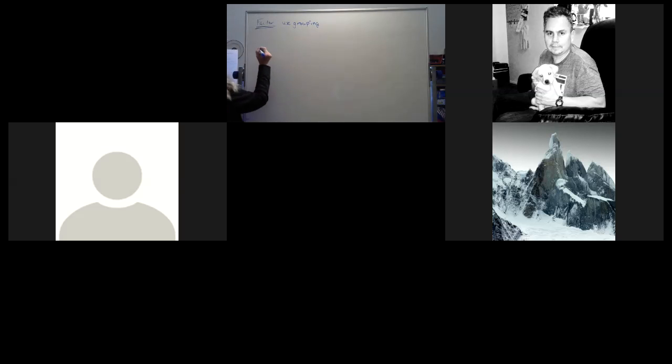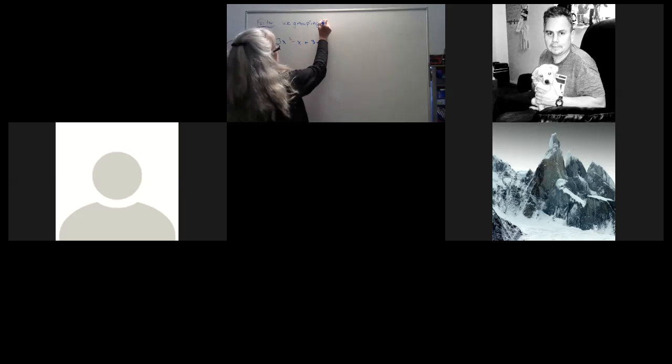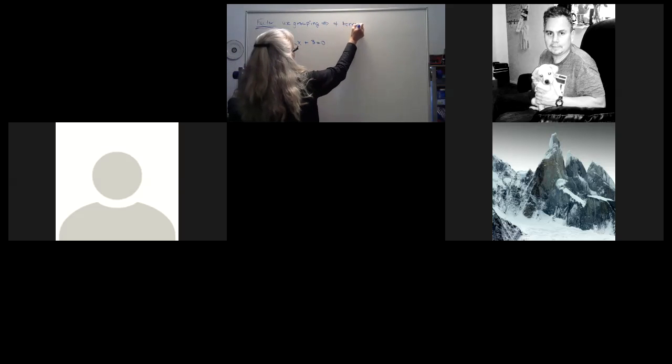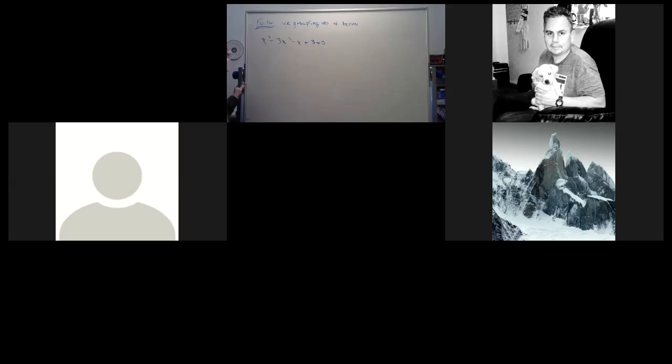So the first one we're going to do is x to the third minus 3x squared minus x plus 3 is equal to 0. So what you'll notice, we've switched gears. We no longer have 3 terms and we have extra terms, right? So you can use grouping anytime you have 4 terms, which is what we've got going on here.